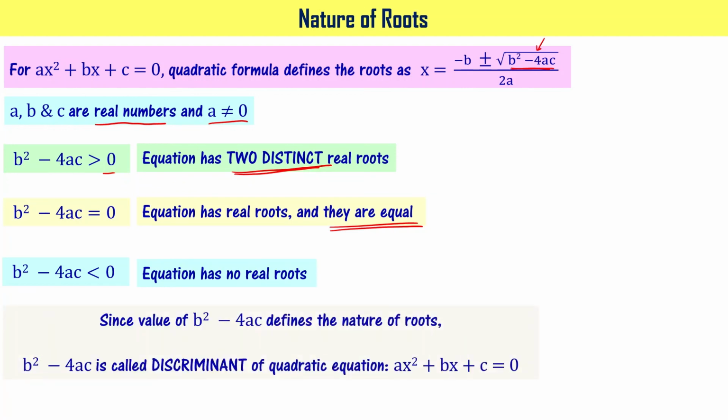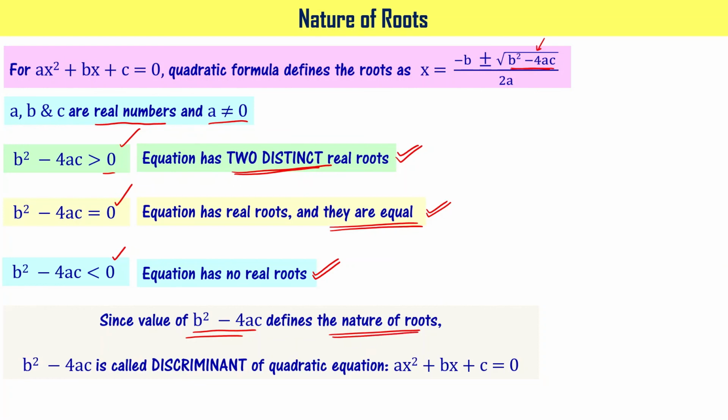And the point you have to note is, since the value of b square minus 4ac is defining the nature of roots, whether it is greater than 0, equal to 0 or less than 0, the nature of the roots is differing, right? Here these are two distinct real roots, here real roots but they are not different, and the third one, the roots are not real. So b square minus 4ac is defining the nature of roots.